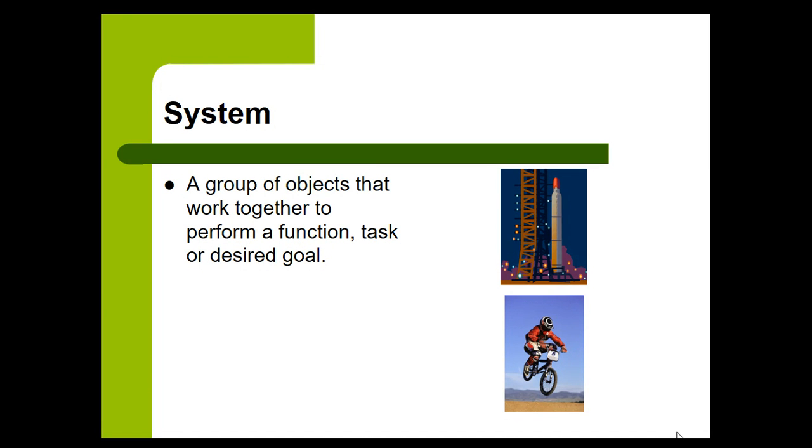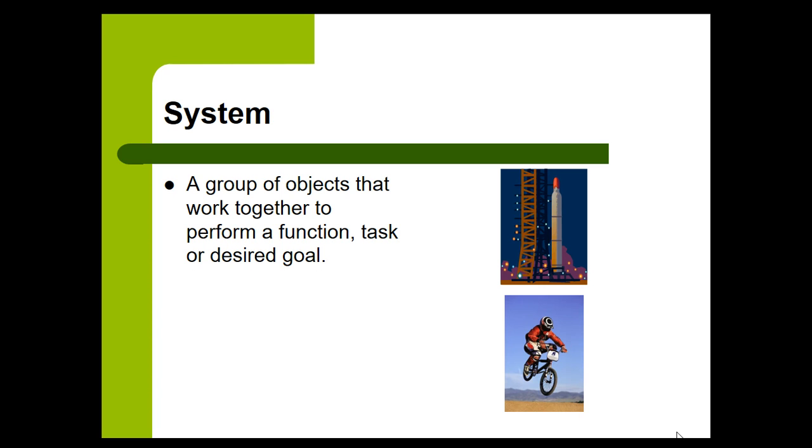The second part that's important is it has to perform a function, task, or some desired goal for us. Let's say today we get creative and we go down to the local junkyard and we start ripping all sorts of car parts off these old cars and we haul them back to our house and we get out our welder and we start welding together a giant robot. But all that robot does is stand there and look cool.